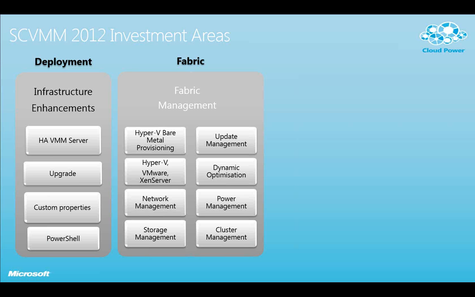So we start off with things like bare metal provisioning. Microsoft have got access to things like the iLO for HP and the DRAC for Dell, so I've got the ability to reliably, and that's a very important word, power on and power off servers.